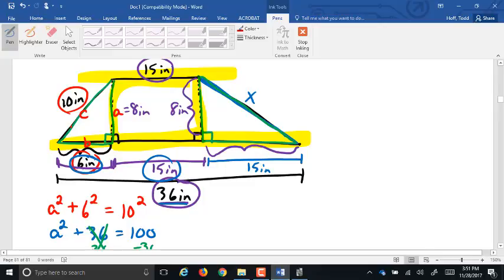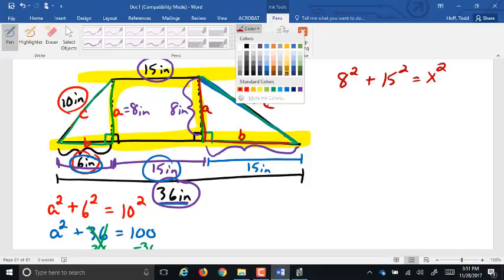Now, we have this triangle here where we have the 8 and the 15. Those are both legs, so I'm going to call them sides A and B. Side C is the hypotenuse up there, which is x, what we're looking for. So A squared, A is 8, so it's 8 squared plus B squared, B is 15, so that'd be 15 squared equals C squared, C is x, so that's x squared.